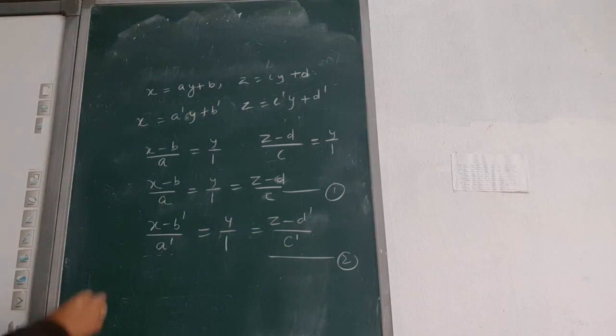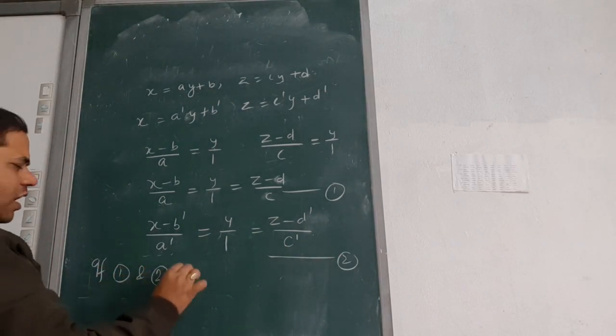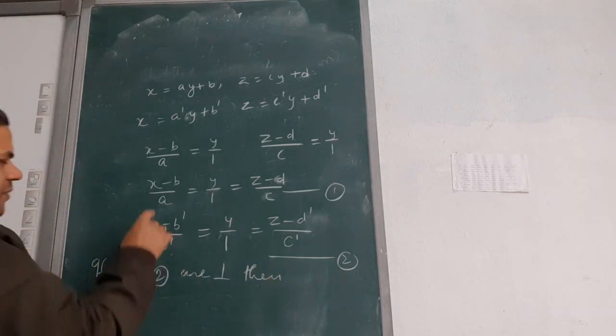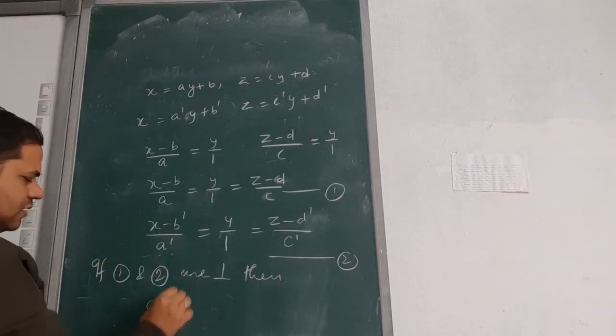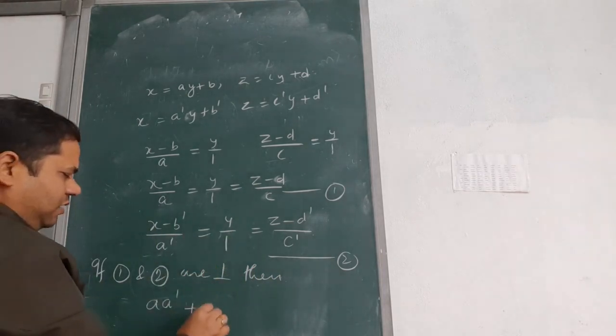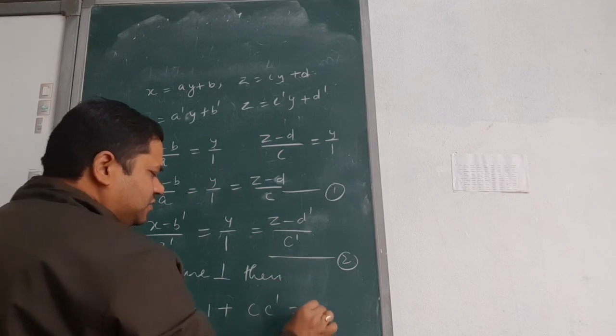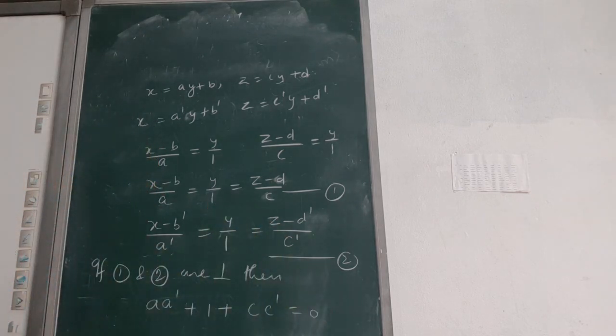Then if 1 and 2 are perpendicular, what do we have? a a dash plus 1 into 1 plus c c dash is equal to 0. So this is the condition that these two lines are perpendicular.